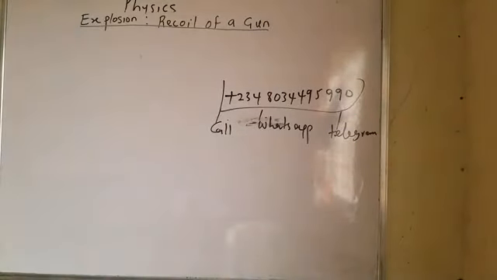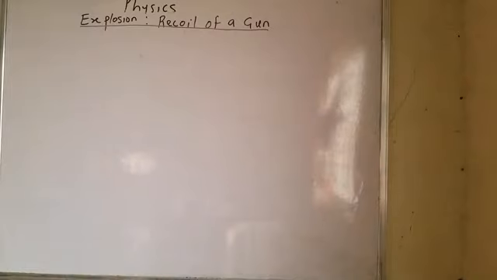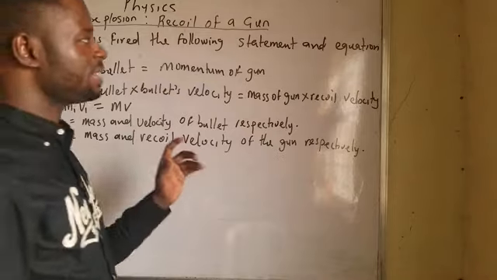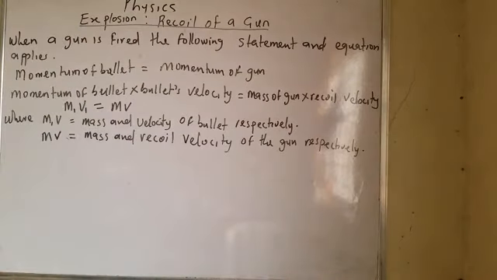Now I'll be talking about explosion, which is the recoil of a gun. When we talk about explosion, let me quickly write what I know so that you can be guided when solving a problem. When a gun is fired, the following statements and equations apply.